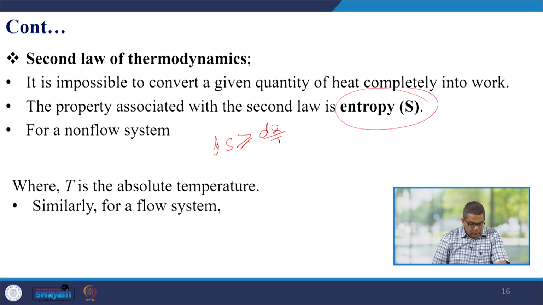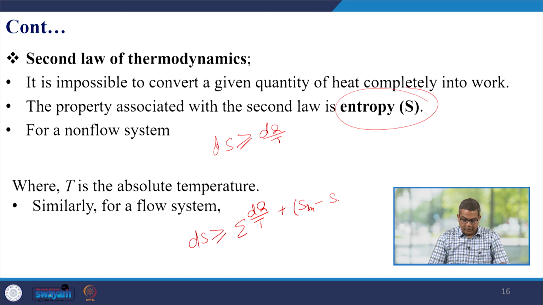Now, similarly, if we talk about the flow type of a system, then dS is greater than or equal to summation dQ over T plus S in and out.